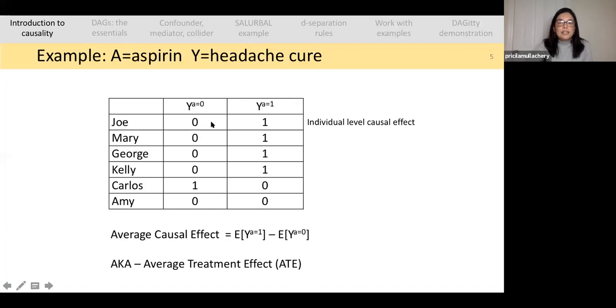But if we could, we could calculate the individual-level causal effect for each of these people. We could also calculate the average causal effect by taking the average outcome when they took the aspirin minus the average outcome when they didn't. This is called the average causal effect, also known as the average treatment effect.